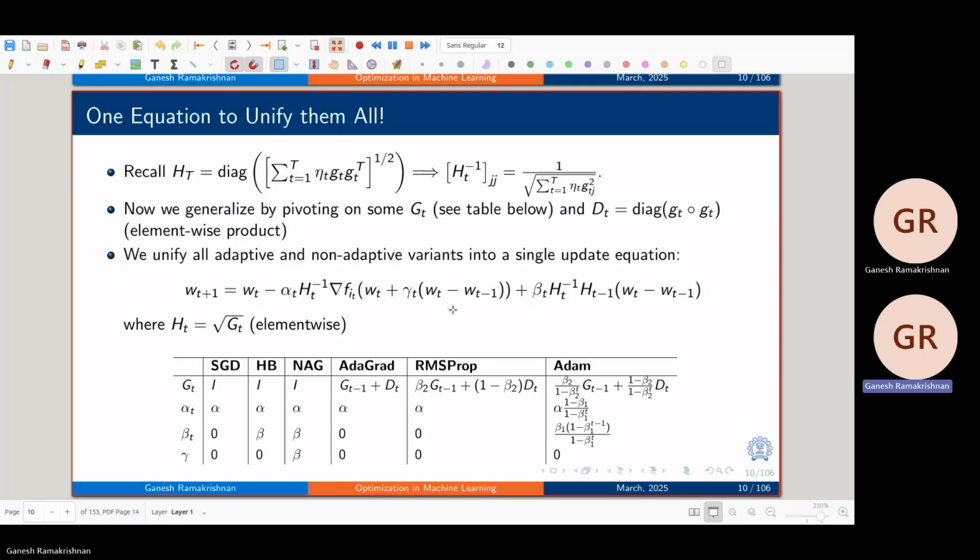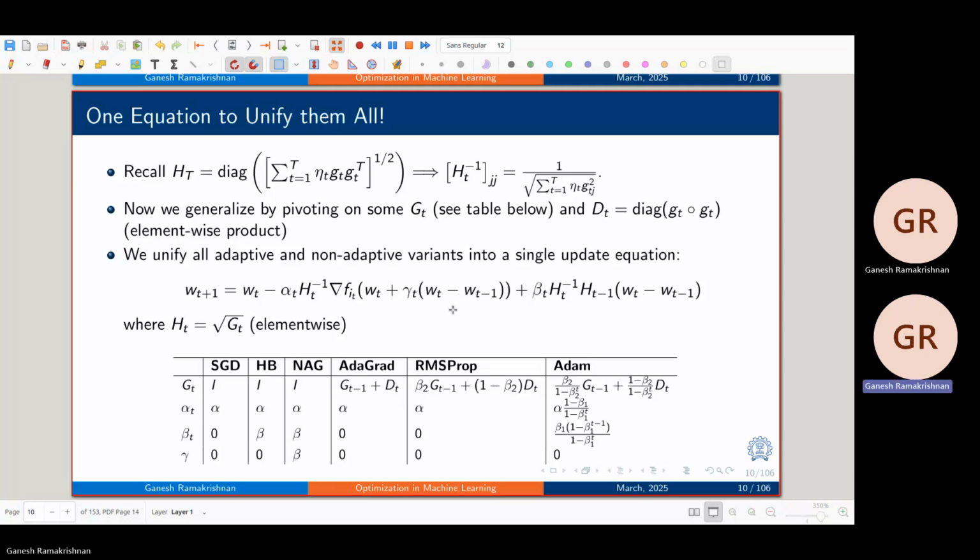The spirit of momentum. The rest should be all straightforward, right? Beta t, by the way, there's another thing happening. Beta t is set to beta in heavy ball and Nesterov accelerated gradient. But Adagrad and RMSProp have no element of momentum at all.